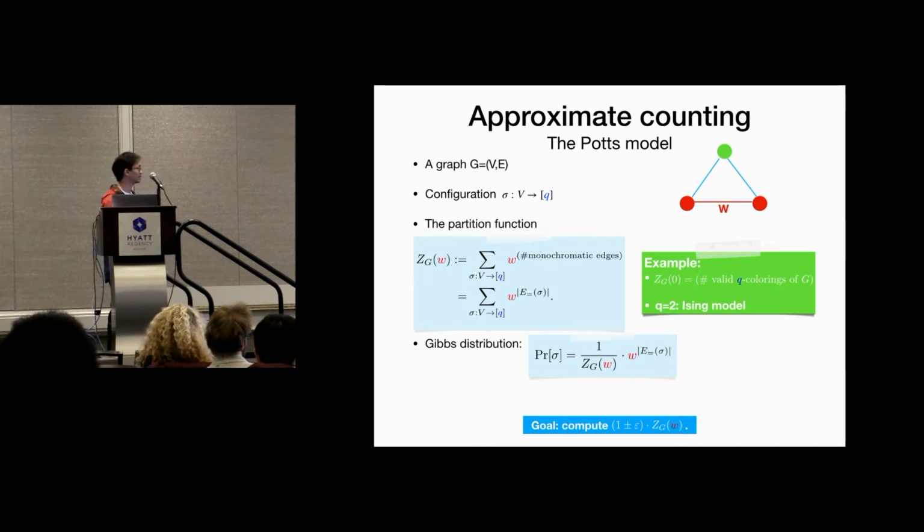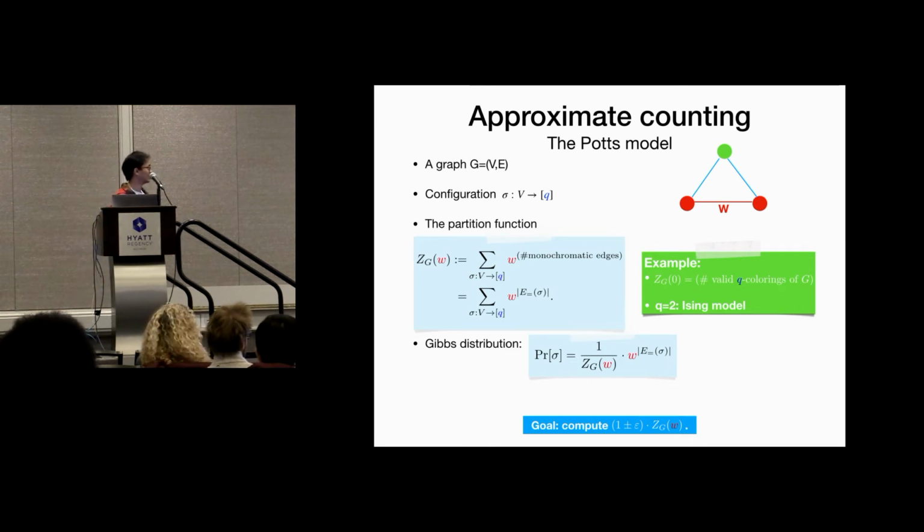So sometimes there may be a monochromatic edge, but we will assign a weight W for each monochromatic edge. The partition function enumerates over all not necessarily proper Q-colorings, and for each such coloring assignment, we give it a weight, W to the number of monochromatic edges. Let me just denote the set of monochromatic edges as E of sigma.